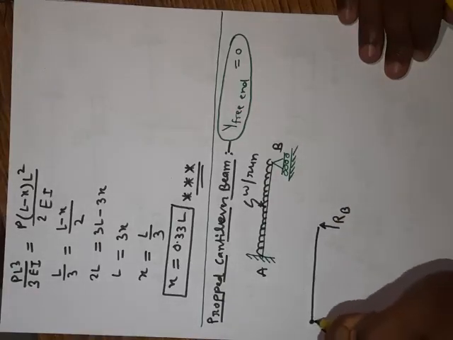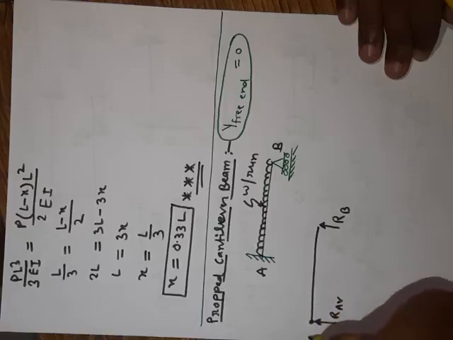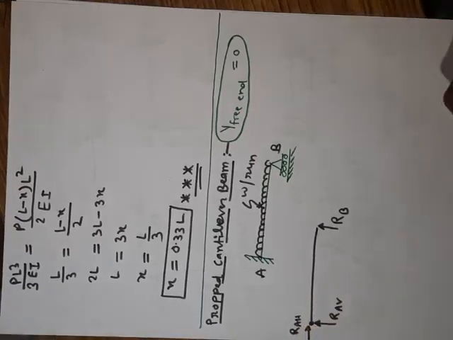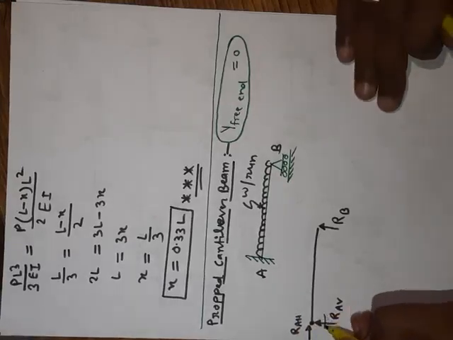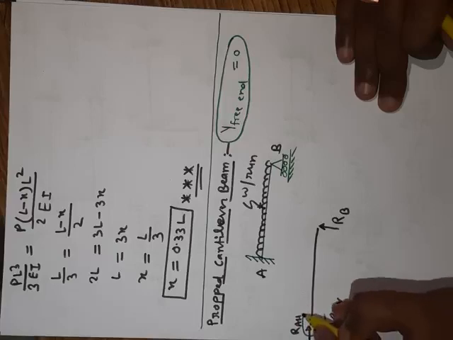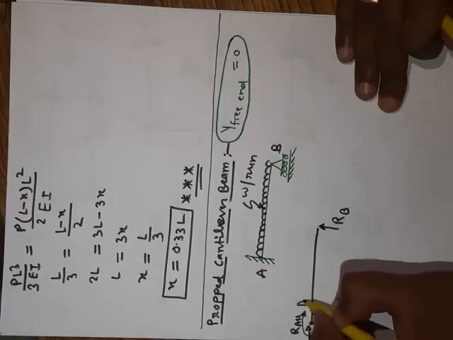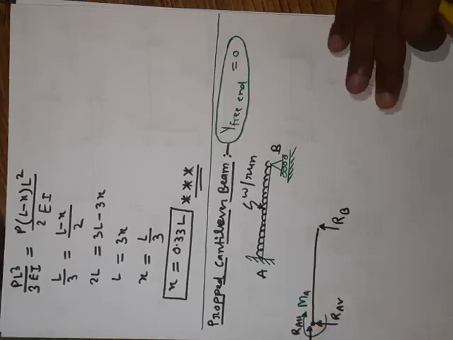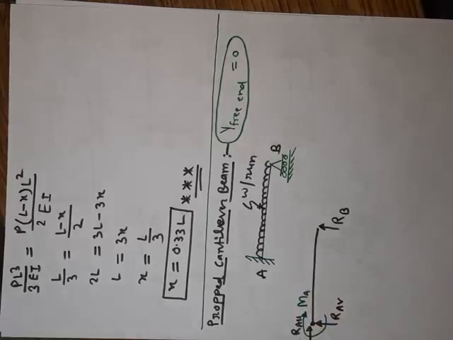At fixed support there are always three reactions: first is the vertical reaction, second is the horizontal reaction, and the third is the moment reaction. I am assuming the moment is acting in clockwise direction.